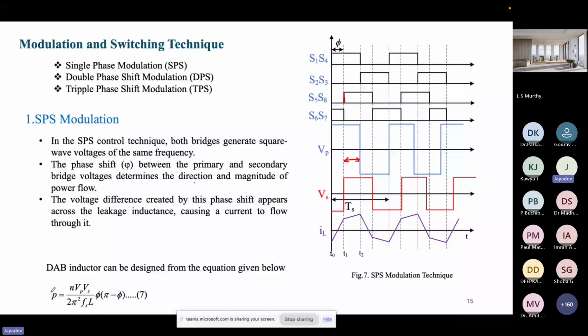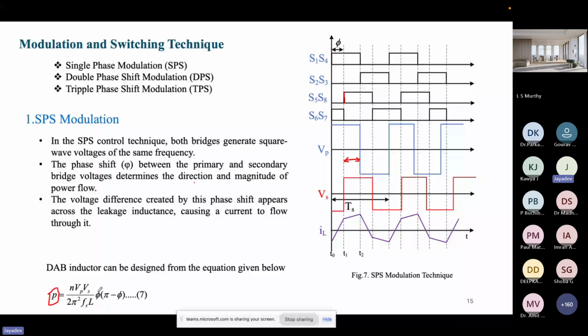You know the voltage, then you have to decide how much current will flow through the inductor. According to the inductor current, you will decide the inductor wire gauge, how much gauge wire you need to design the inductor. Once your power is fixed, you check the maximum inductance.